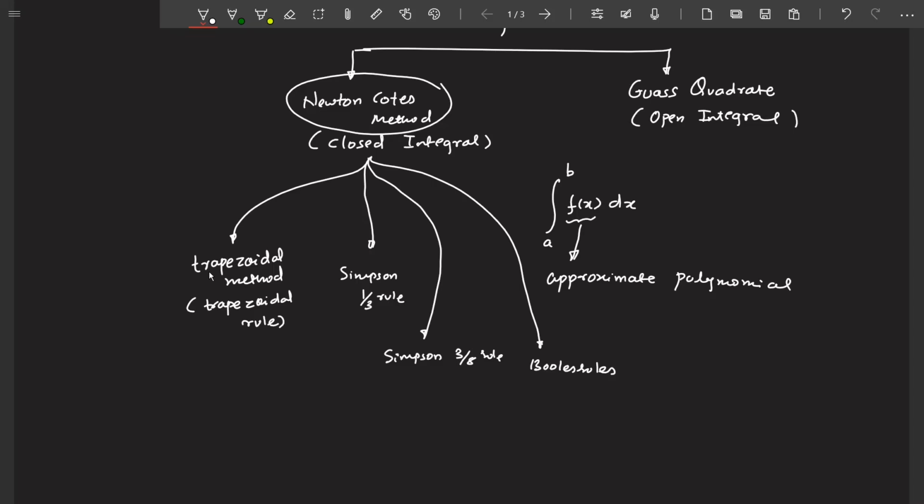Basically, when you talk about the trapezoidal method, what we do is replace this f(x) by a first order polynomial.